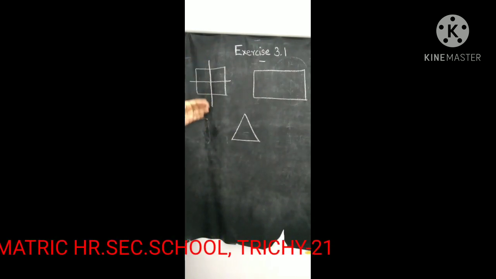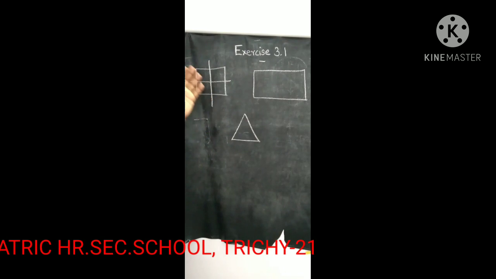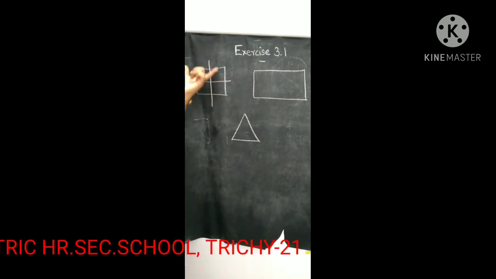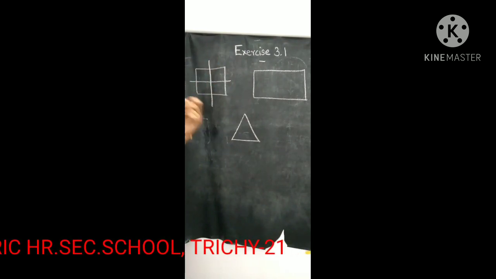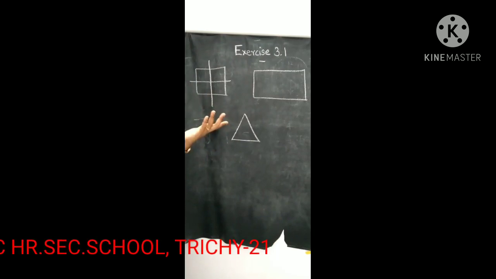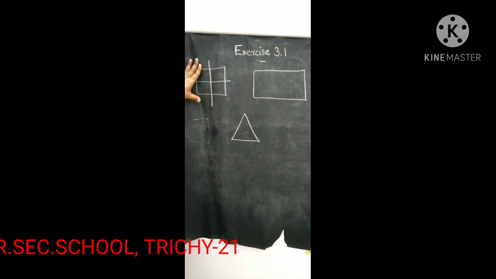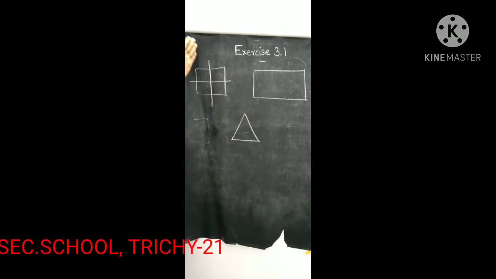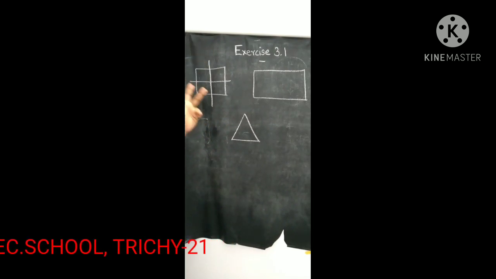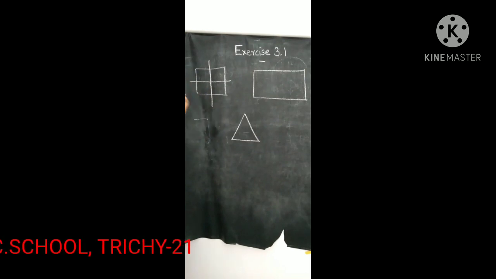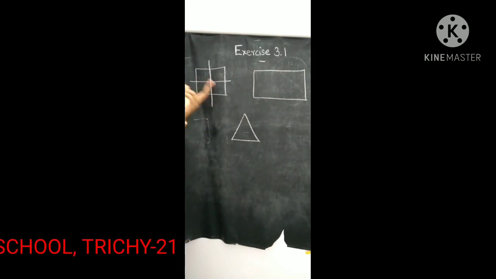So that line is called a symmetric line, and the object is a symmetric object or symmetric shape. You already know that. The symmetric line divides the shape or object into two equal groups.